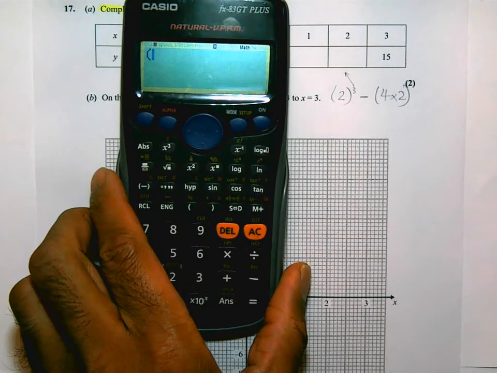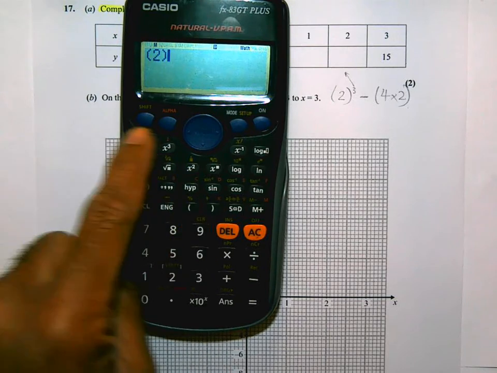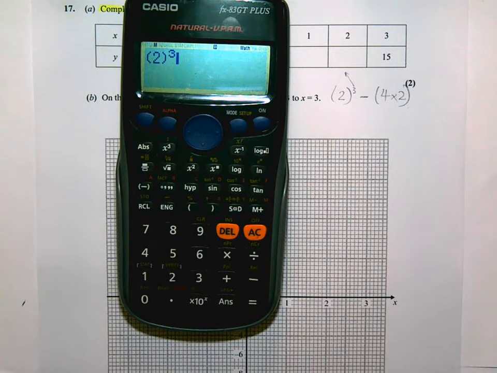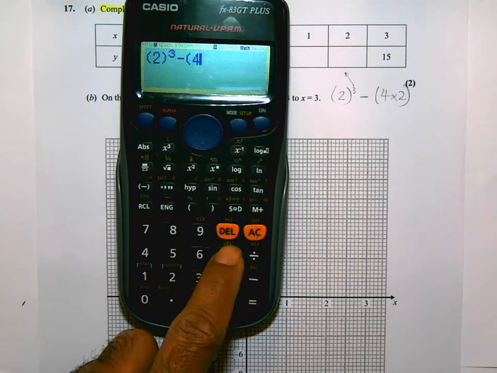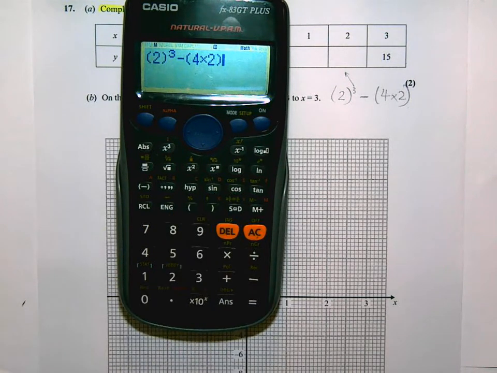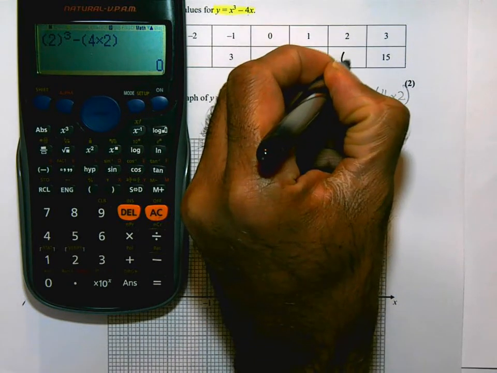So I'm going to enter that in. I'm going to do brackets 2, close brackets, and I'm going to cube all of that, take away, and I'm going to use brackets again, 4 times 2, close brackets. And that gives me an answer of 0. So 0 goes there.